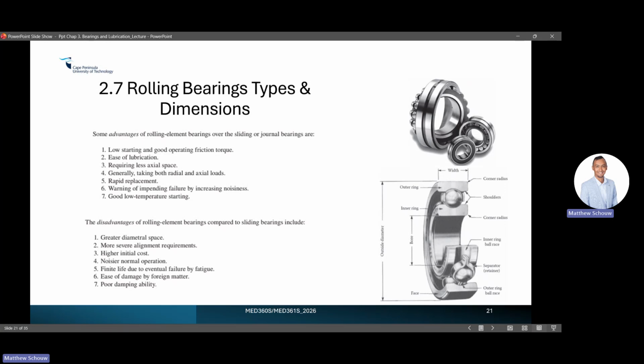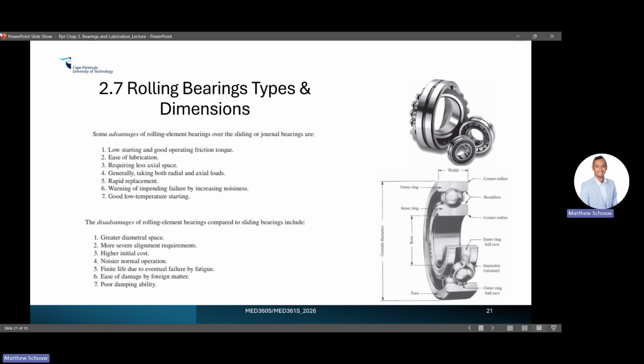they have over them. One, low starting and good operating friction torque. So that's great. At starting, and even at operating, our friction torques can be a lot less, right? Obviously, this is due to the rolling element, ease of lubrication, reduced axial space, and generally, they take both radial and axial loads, unlike your journal bearings, where radial load is the main load taken.